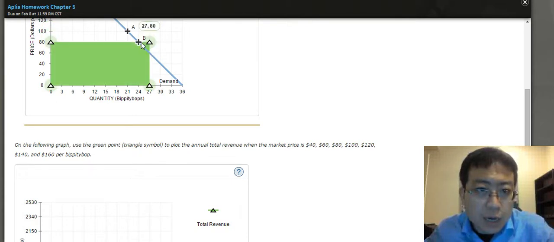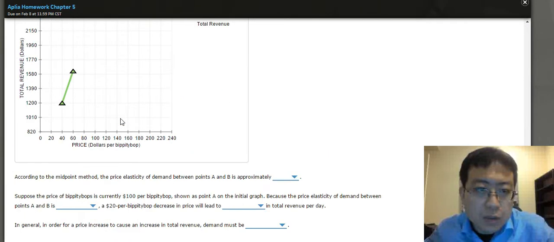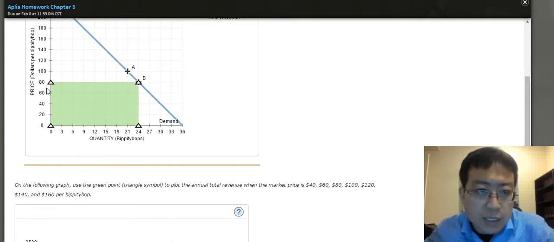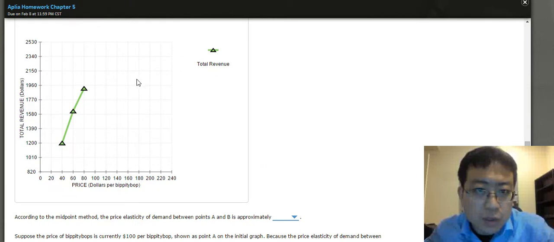At 80, our quantity will be 24, and the area will be 1920. So go back over here at 80 and 1920. The next point at 100. At 100 is going to be 21 units, so 2100 total revenue. So 2100.